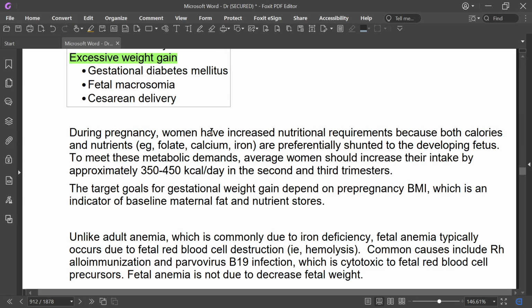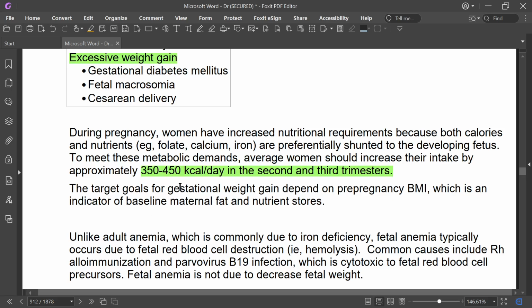During pregnancy, women have increased nutritional requirements. Both calories and nutrients are preferentially shunted to the developing fetus. To meet these metabolic demands, average women should increase their intake by approximately 350 to 450 kilocalories per day in the second and third trimester.